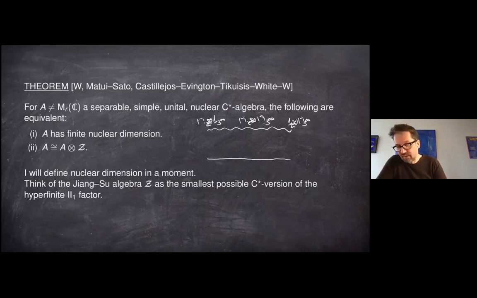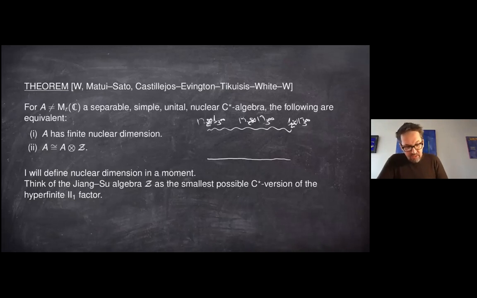You can write down an inductive limit of such things, and you can arrange this limit to be simple, to have no non-trivial closed ideals. And if this limit also has a unique tracial state, then it has to be the Jiang-Su algebra. That's a very explicit description of this algebra.